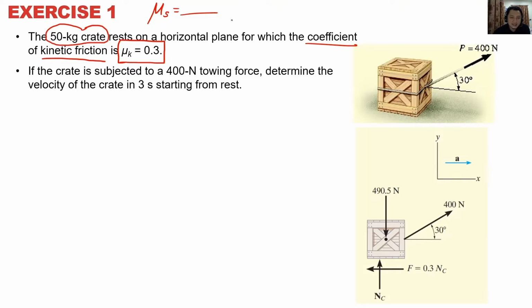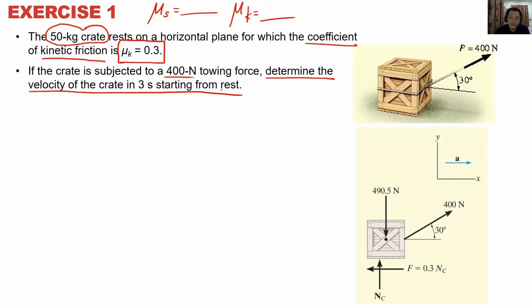Now for objects which are in motion, you'll be using mu k, which is the kinetic friction. The load being applied is a 400 Newton towing force. We need to find the velocity after 3 seconds starting from rest.